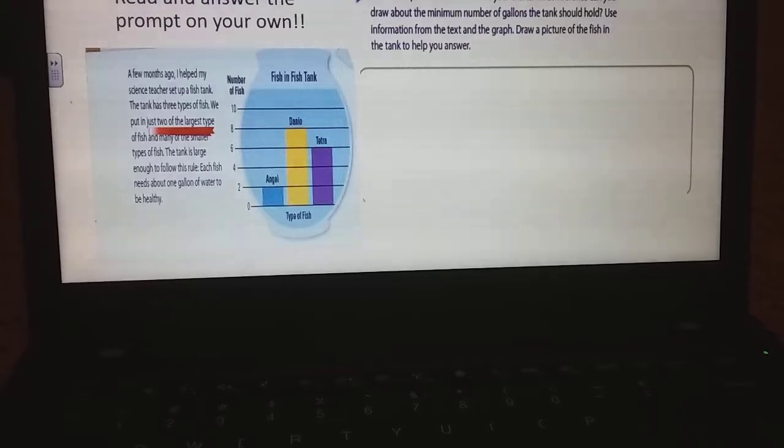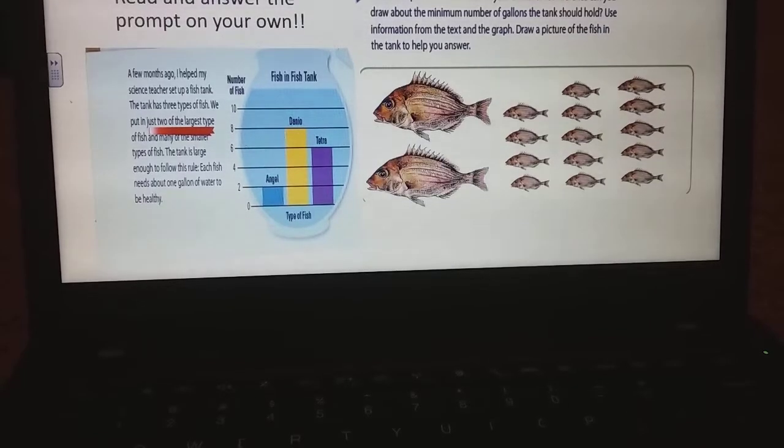So if we were to draw this out, we of course would have to draw the angelfish as the larger types of fish, and we would have to draw the remaining fish a little bit smaller to represent exactly what the text said and exactly what the graph shows.